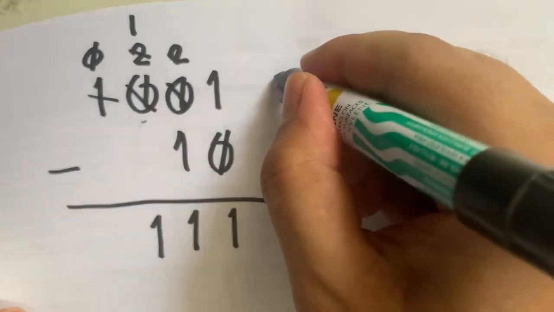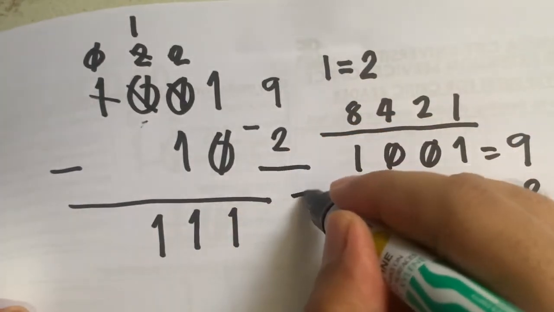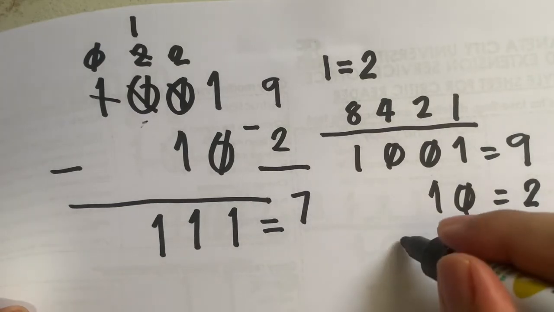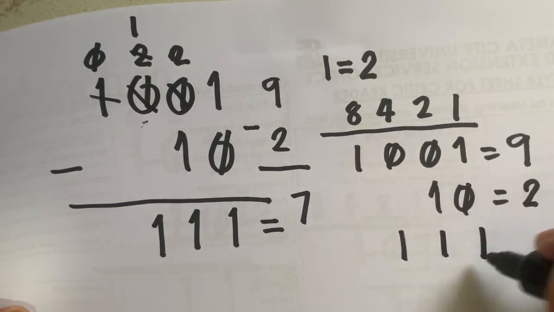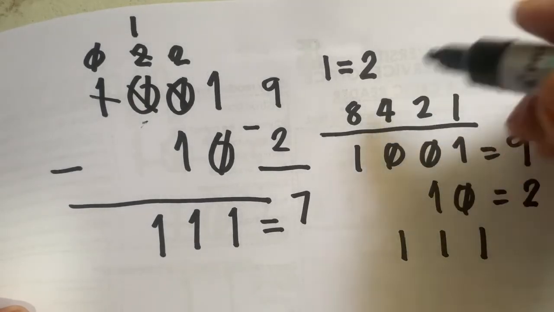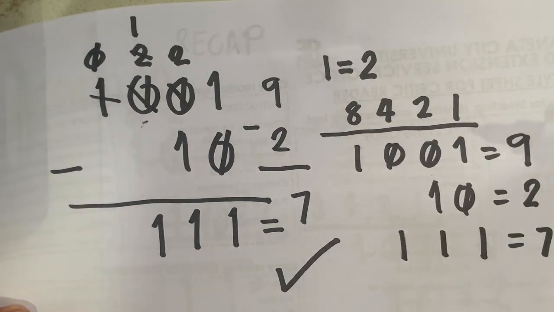So we are actually subtracting 9 minus 2, which is 7. So let us check if 111 is 7. So again, we put it 1, 1, 1. So since the 3 digits are 1, so we add 1 plus 2 plus 4, that is 7. So meaning to say our answer is correct.